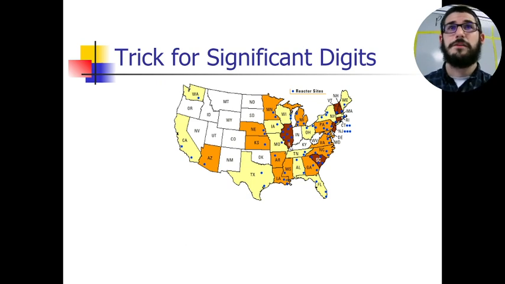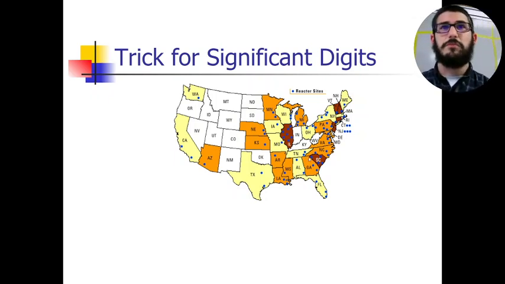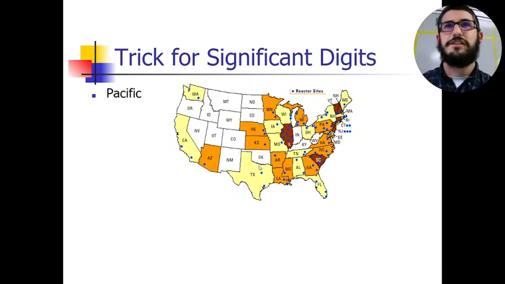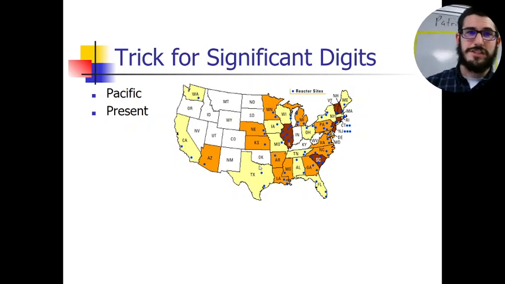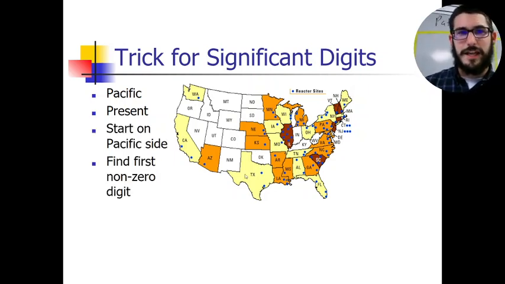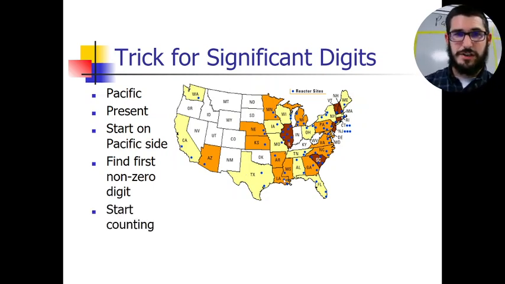Okay? So, a trick for remembering this. We've got the Pacific side. If you see that a decimal is present, start on the Pacific side and find the first non-zero digit. Okay? Then start counting.